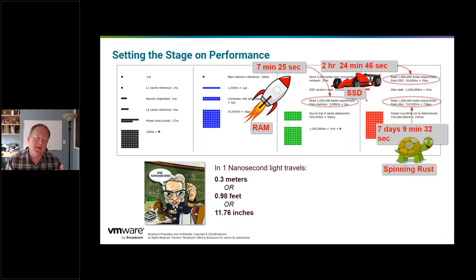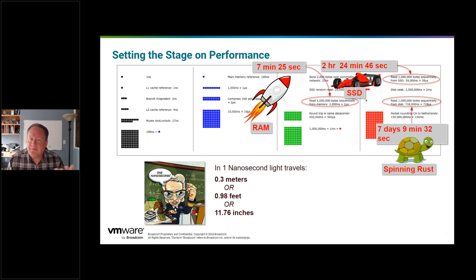In 1 nanosecond light travels this far, and then she turned it into walking pace. So how fast can we retrieve the same information from the various storage mechanisms out there today?